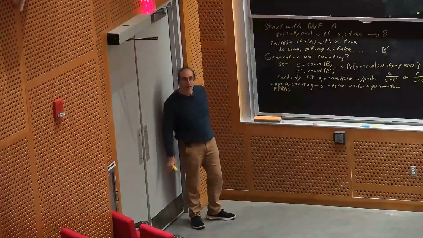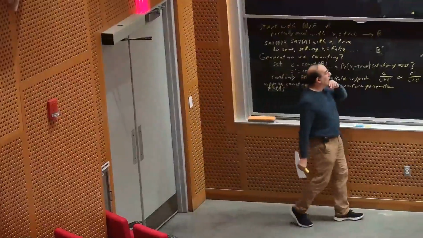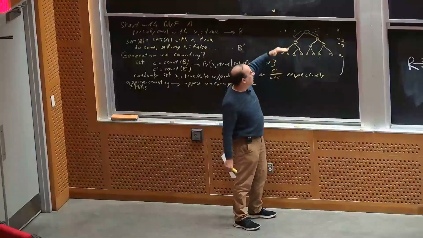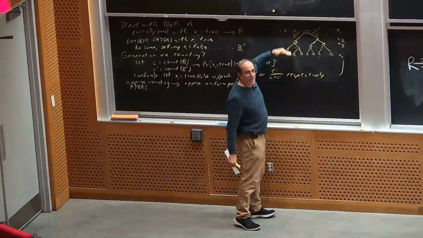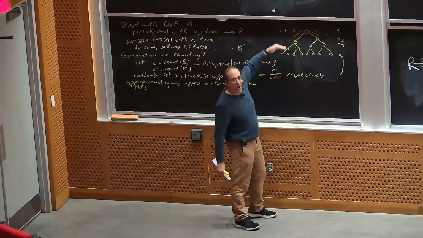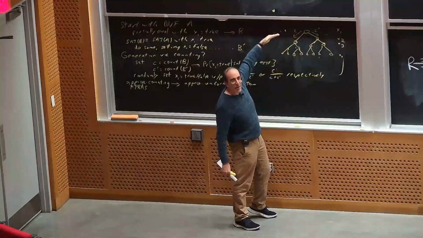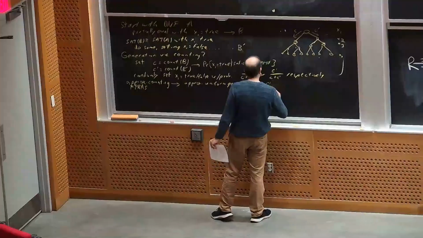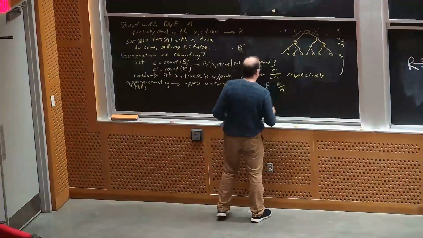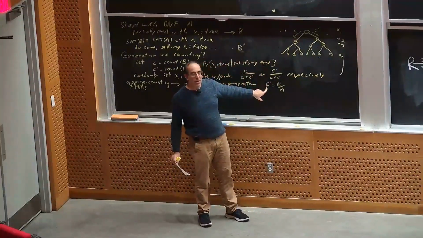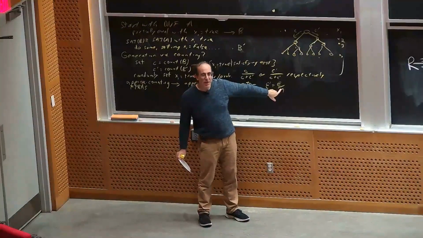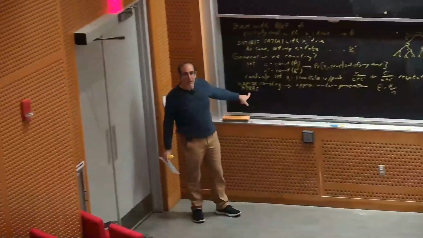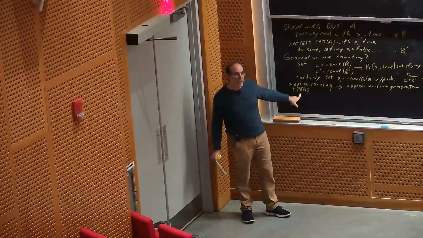And FPRAS is important because if we want to be within epsilon of accurate, we have n steps where we're going to be using our approximate counter, and the errors are going to accumulate. So we're going to need to set a target epsilon within our counter, which is like 1 over n of the epsilon we want to end up with. But fortunately, the FPRAS has a runtime that's polynomial in the error.